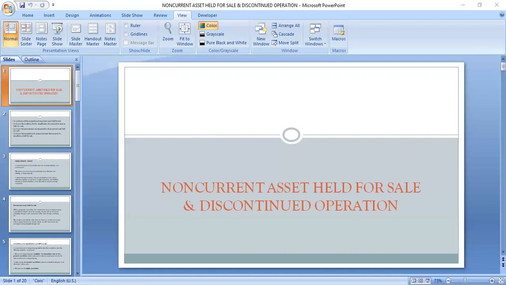Another example is a conglomerate engaged in commodity business, real estate, manufacturing, and construction. Selling any of the four is a discontinued operation.